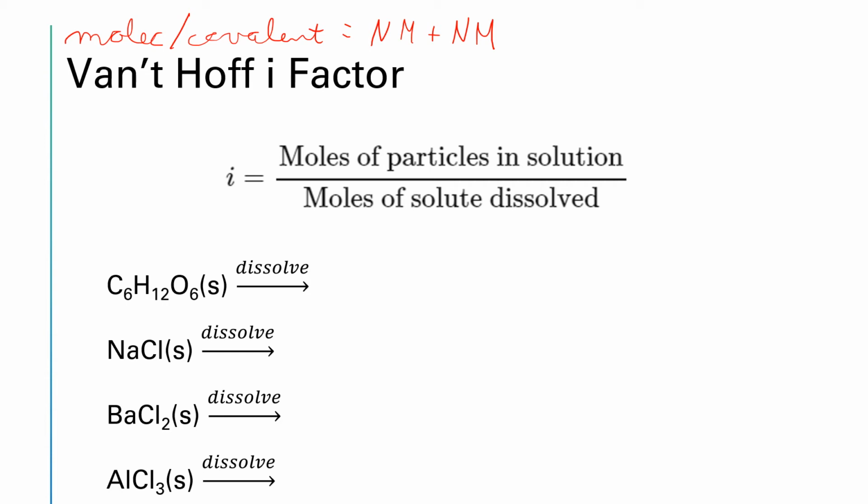So for every 1 mole of your solute, you get 1 mole of particles in solution. This is what we refer to as a non-electrolyte. The particles that dissolve, those molecules, have no charges associated with them, and because it's a non-electrolyte and we get 1 particle for every 1 molecule that dissolves, this has a Van't Hoff I factor of 1.